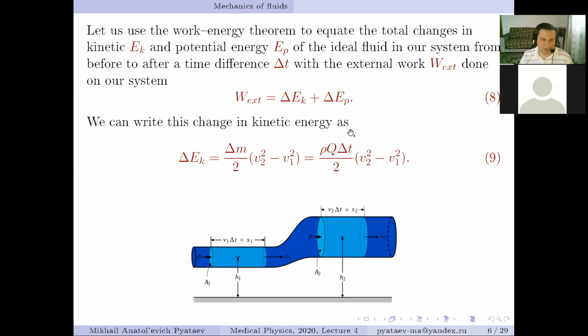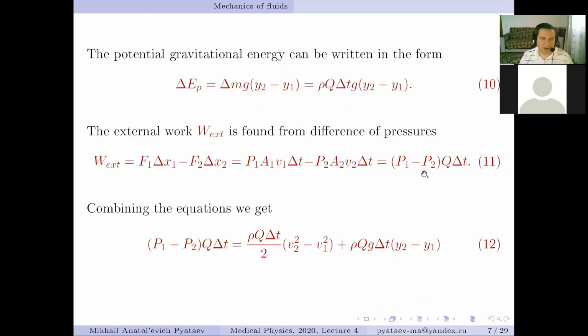And we have this form if we remember that delta M, the mass of this part of liquid, is equal to rho Q delta t. We get equation 9. Now let us consider the change in potential energy, which is due to the change of h, denoted as y in this equation. If y increases, the potential energy increases, and its change can be written in form 10. Again, m is represented as rho Q delta t.